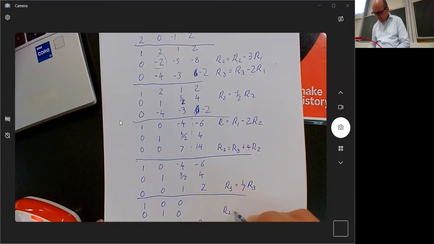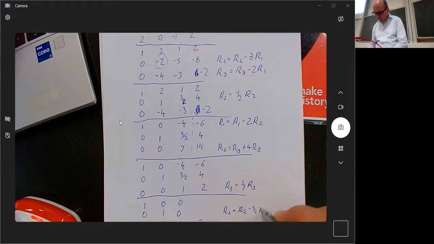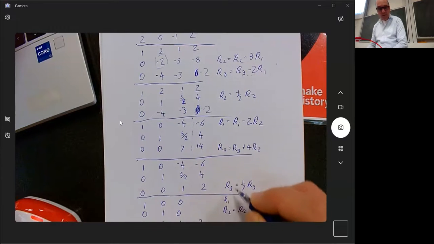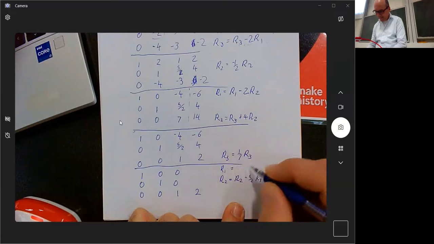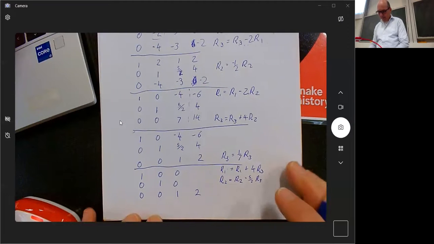So it should be row 2 equals row 2 minus 5 on 2 row 3, and row 1 plus 4 row 3.